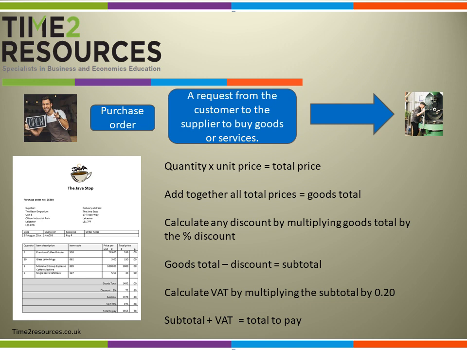We then take the goods total and we take away the discount from that in order to calculate the subtotal. We then calculate the VAT by multiplying the subtotal by 0.2. We then add this finally to get the total amount to pay, which is the subtotal plus the VAT.